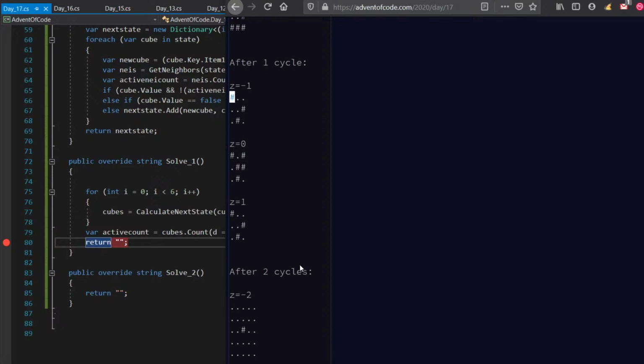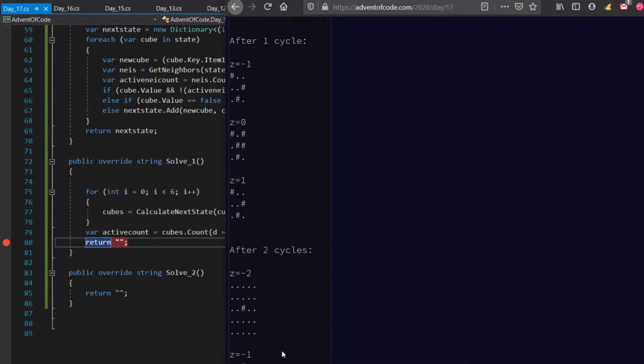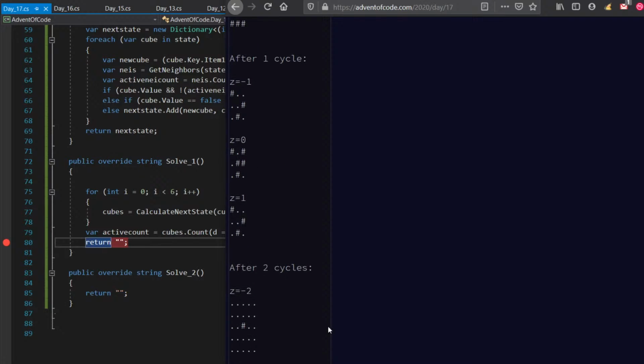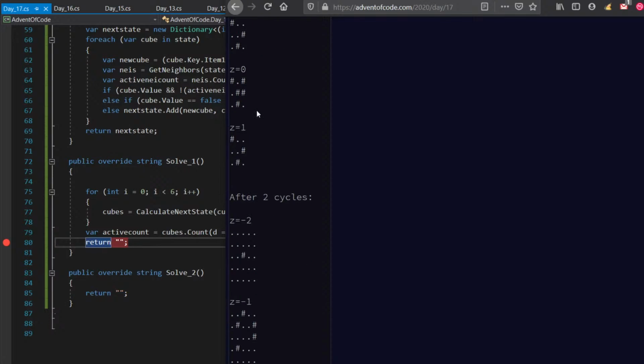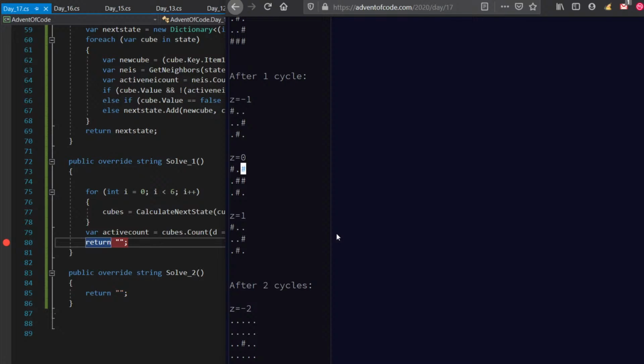So this guy is this guy down here. Or at least it should be. This one has 1, 2, 3, 4 neighbors. This one has 1, 2 neighbors.